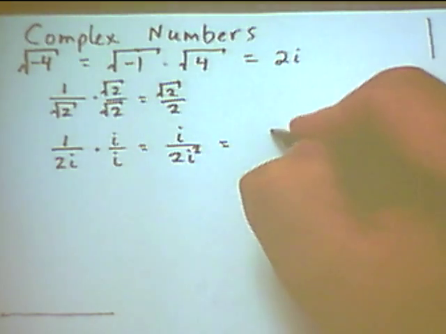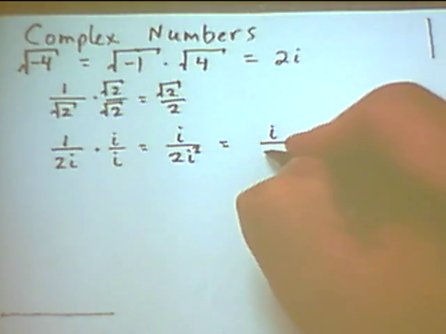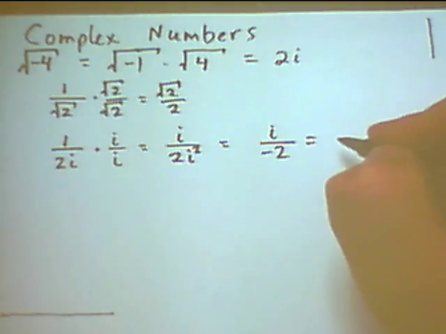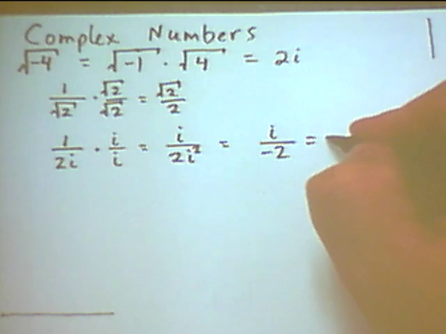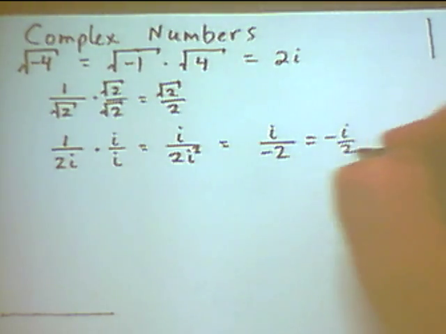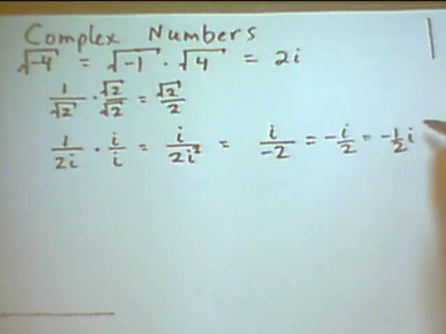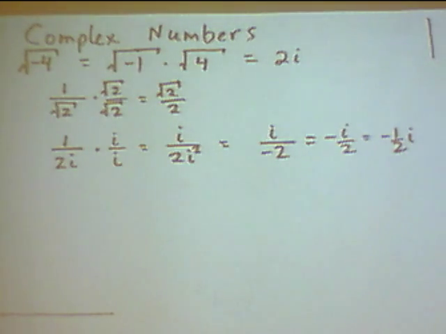So I can replace that with the -2, and the way you normally probably write this is -i over 2, or sometimes they might like to see it like this, -1/2 i. All right, so when you have an i in the denominator of a fraction, it's the same principle as when you have a square root.